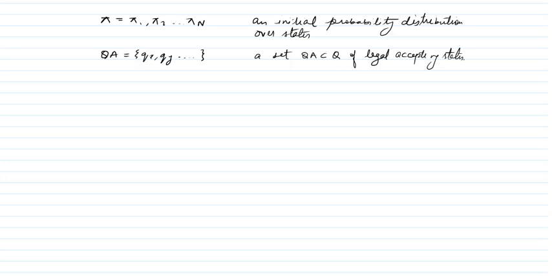And finally we have the Markov assumption, that is P of qi given q1, q2, up to qi minus 1 is equal to P of qi given qi minus 1. So this is the Markov assumption.